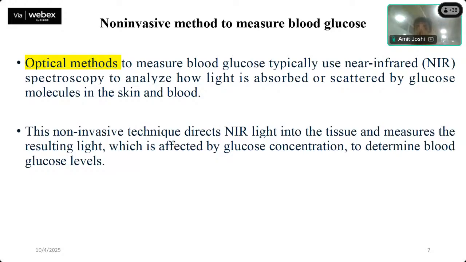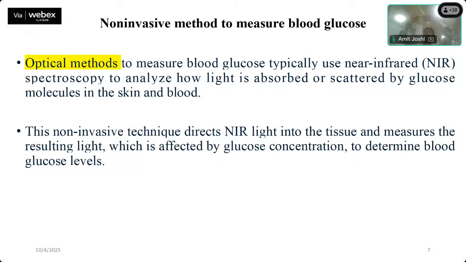Optical methods typically use near-infrared spectroscopy to analyze how light is absorbed or scattered by glucose molecules in the skin and blood. This non-invasive technique directs NIR light into the tissue and measures the resulting light.